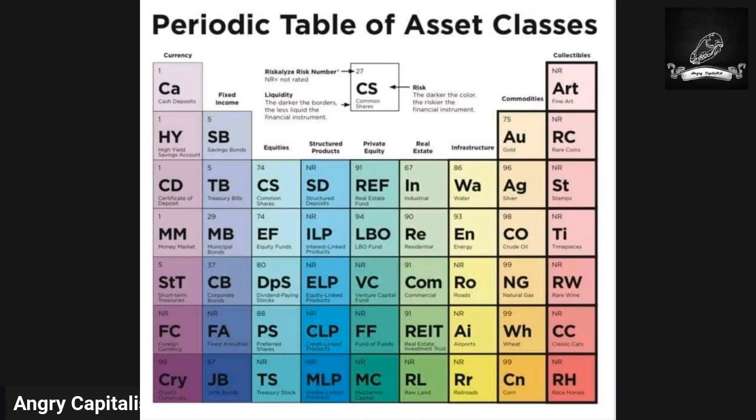So we have currencies, fixed income, equities, structured products, private equity, real estate, infrastructure, commodities, and collectibles. For this video, I'm going to leave the table up so that you can use it to follow along.